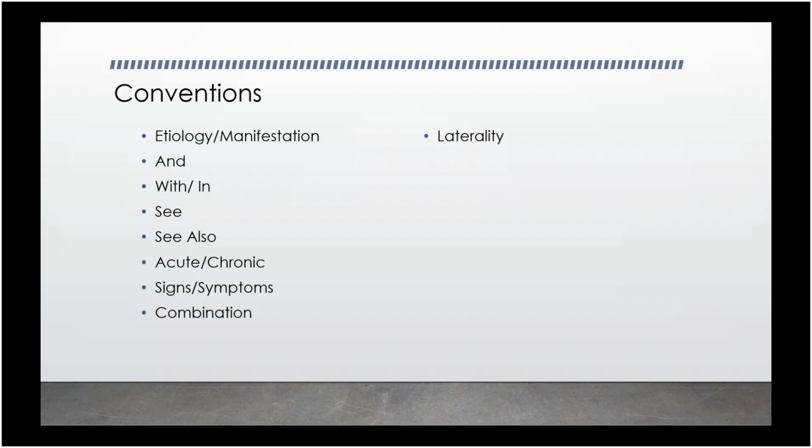So for example, the child has an ear pain, and at the end of the visit, they're diagnosed with otitis media. So you would report otitis media and not the ear pain because we have a definitive cause.